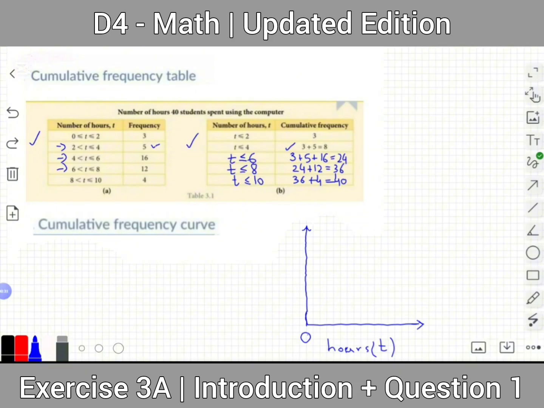Now we have to set the axis for the hours. Now we are scaling the hours on the x-axis. So here we have 0, 2, 4, 6, 8, and 10.